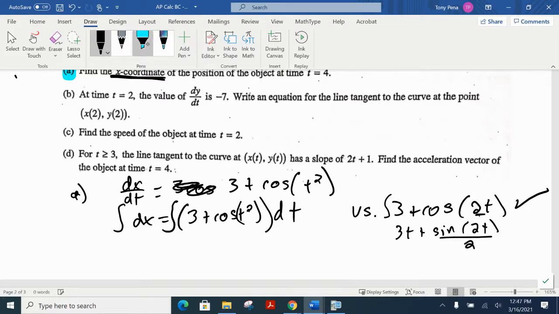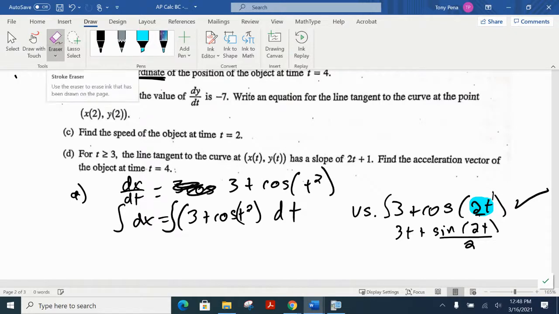That only works if it's of this form, and that only will work if your exponent for the t is a 1. The antiderivative of this is not 3t plus the sine of t squared divided by 2t. That is not the antiderivative. I promise if you take the derivative of this, there is no chance that you're going to get cosine of t squared. In fact, we don't know how to take the antiderivative of this. All right? That's why this is a calculator question.